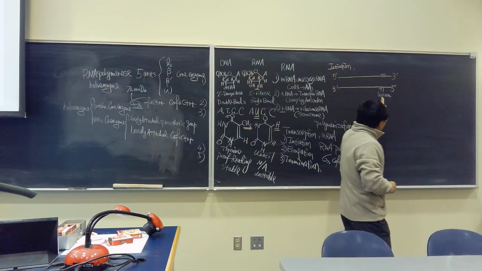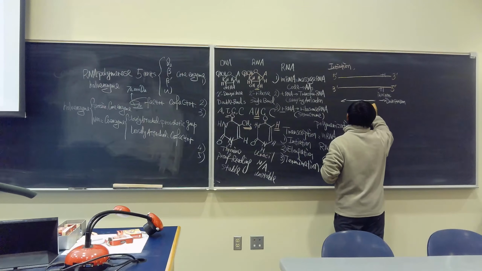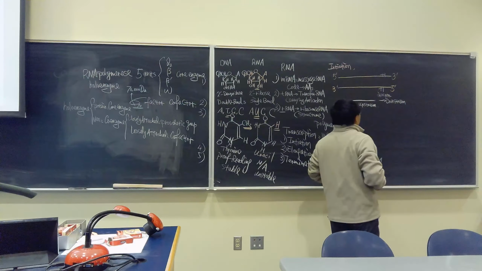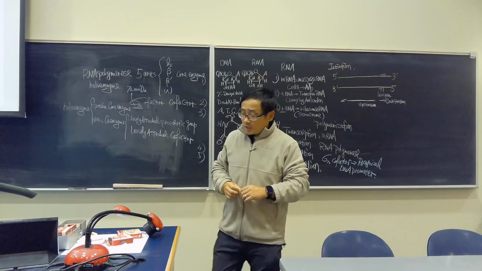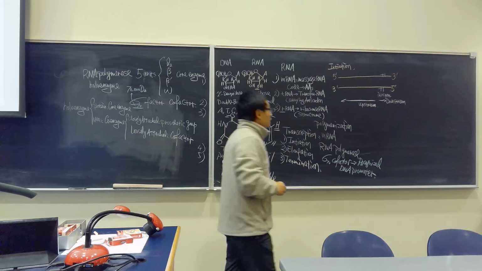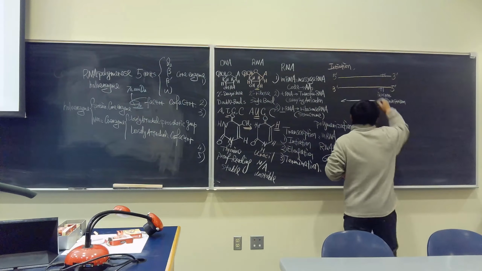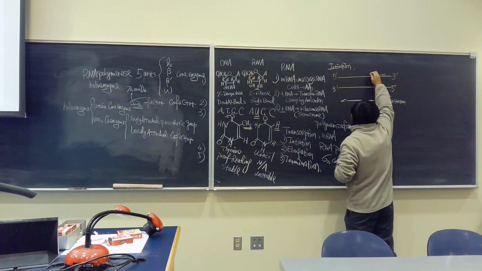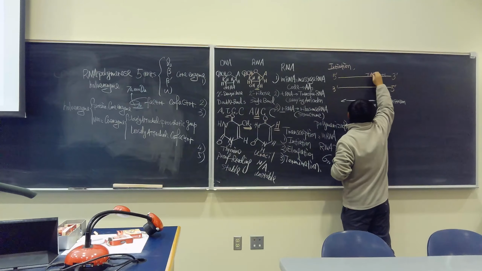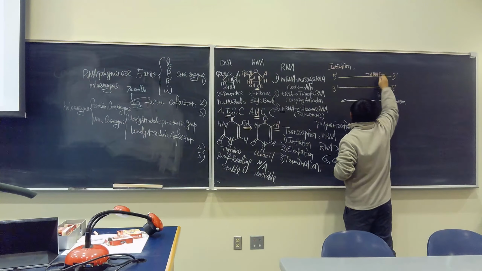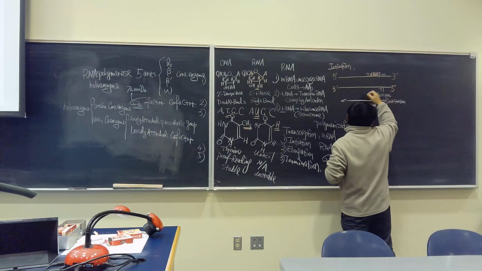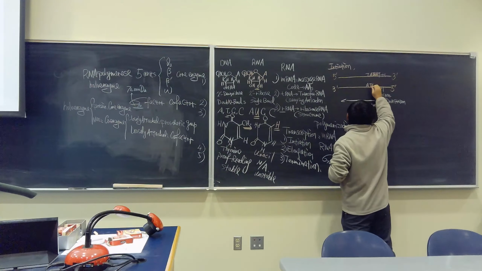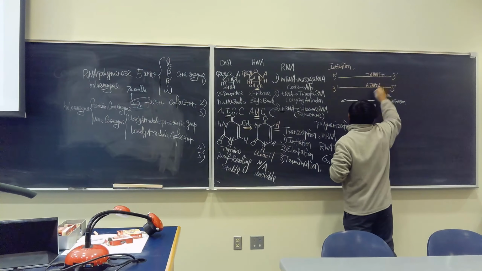The right side we call downstream, and the left side we call upstream. About 10 base pairs upstream of +1, there is a special sequence, TATAAT, and the complementary strand is ATATTA.